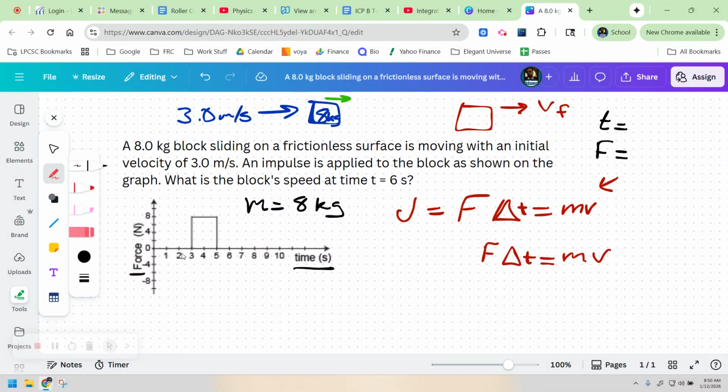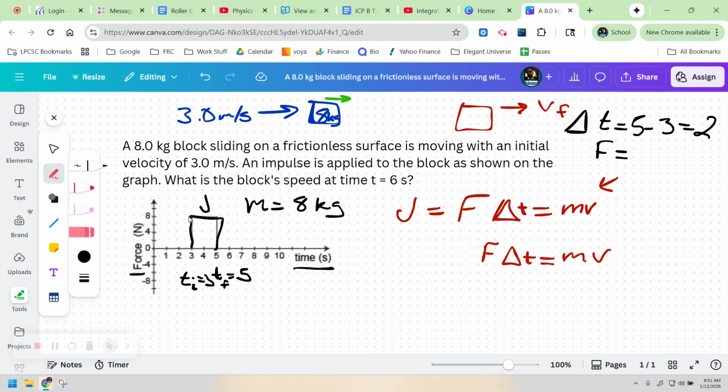Now, the time that it takes for this impulse, the impulse occurs in this box right here. And if I want to think of delta t, this is one of those scenarios where we have the final minus the initial. Well, the final time, TF, is equal to 5 seconds. And then the initial time is 3 seconds. So my delta t is just 5 minus 3. So my impulse is applied over 2 seconds.